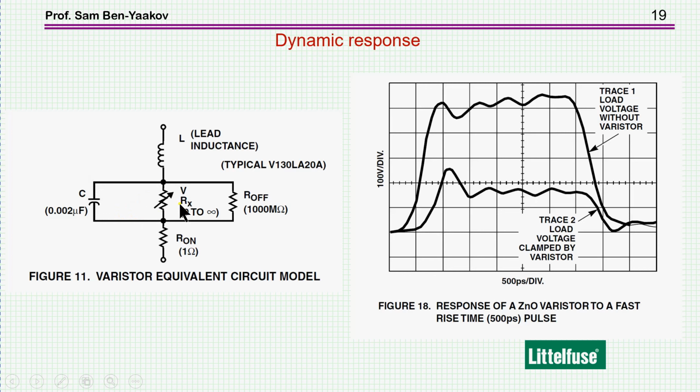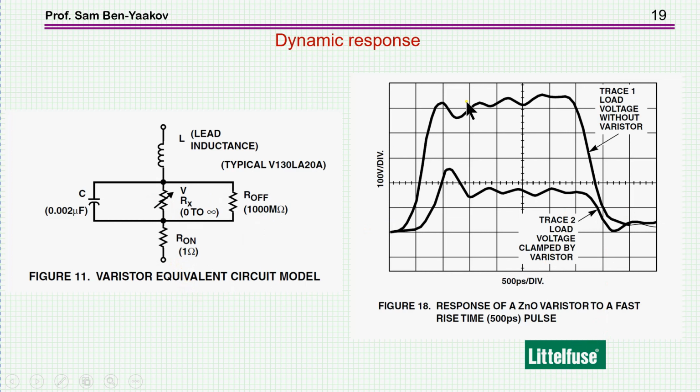This is the varistor itself, and this is the way it is changing. This is some leakage, which is very high, so this really doesn't make any difference. And then, as we have said, for the very, very high currents, the residual ohmic resistance is very low, like 1 ohm. And here is an example that Littelfuse is providing.